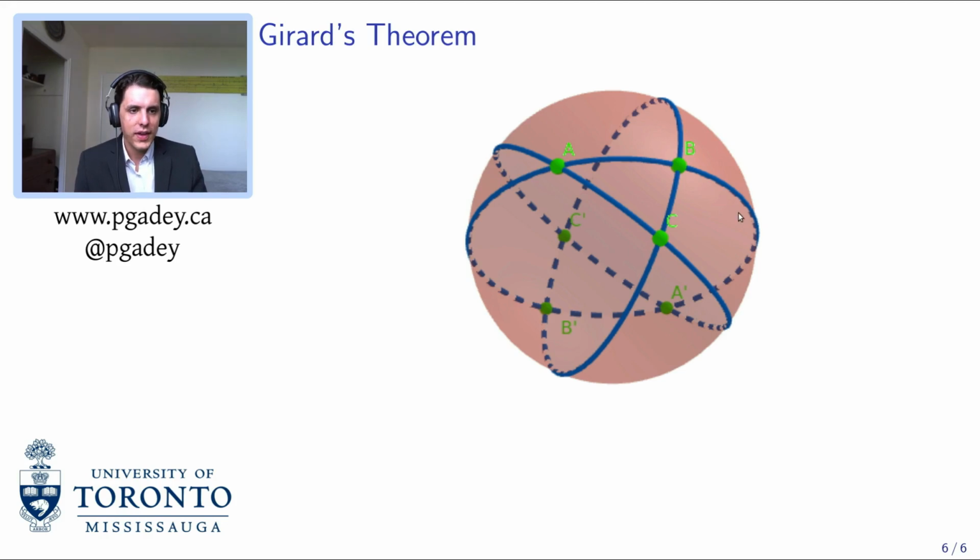So given 3 lines through some points A, B, C, we can form angles alpha, beta, and gamma. And notice that this triangle has, on the opposite side of the sphere, sort of a twin.